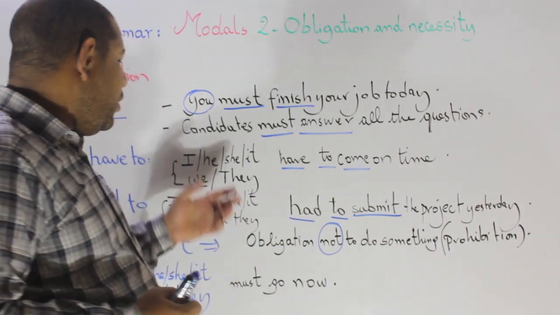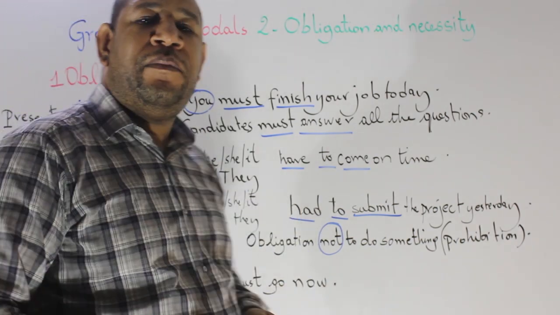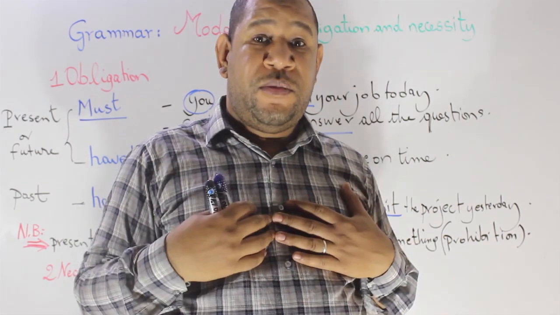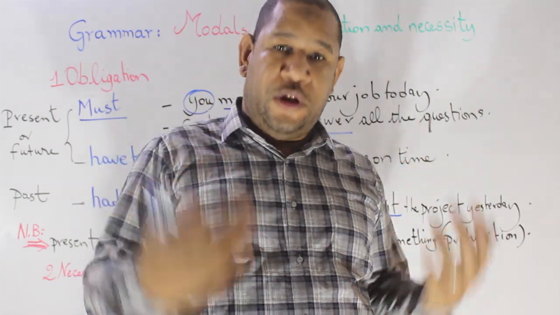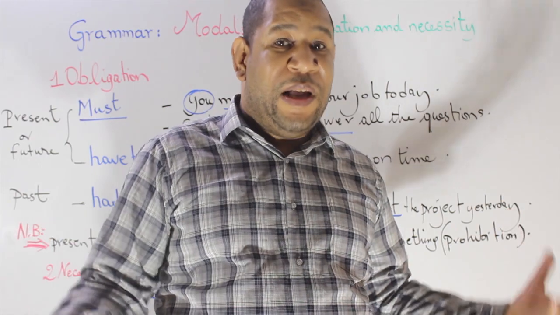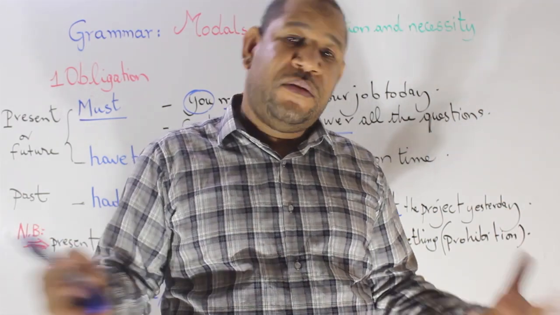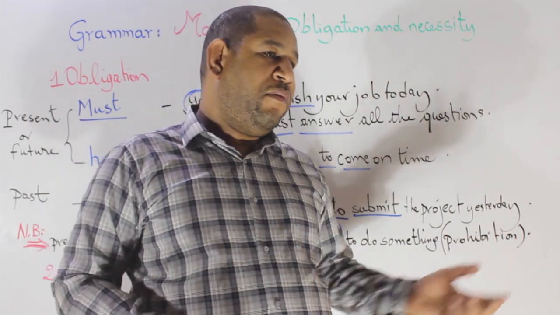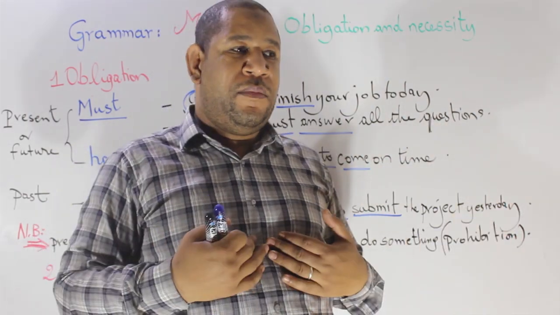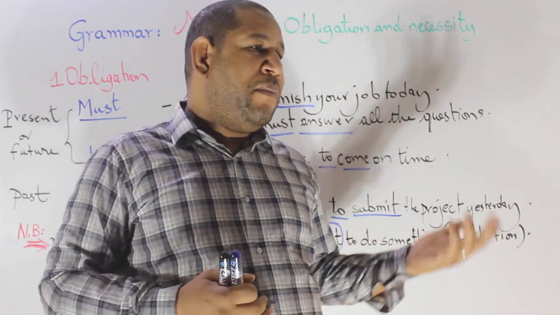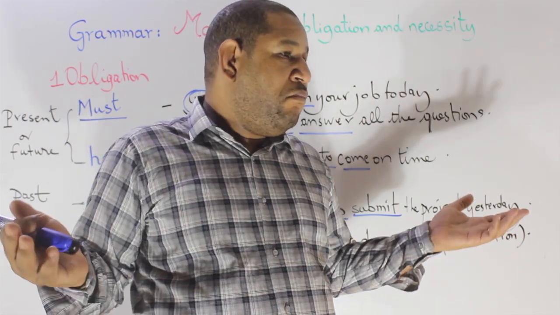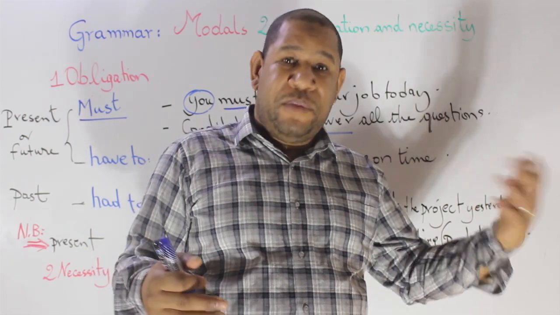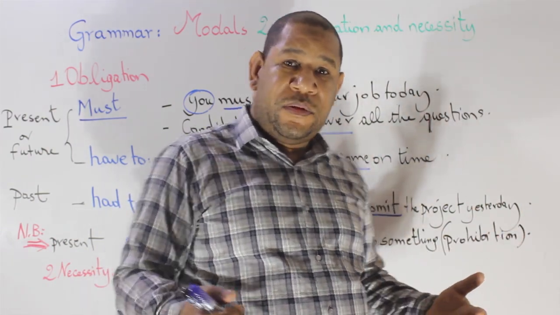So, for example, I have to come on time. If I say I have to come on time, this means that I am obliged to come on time. If I don't come on time, something will happen. I will be punished, some sort of punishment. For example, if I am at my job and I didn't come on time, maybe I will lose my job if I keep repeating the same thing, etc. Okay?